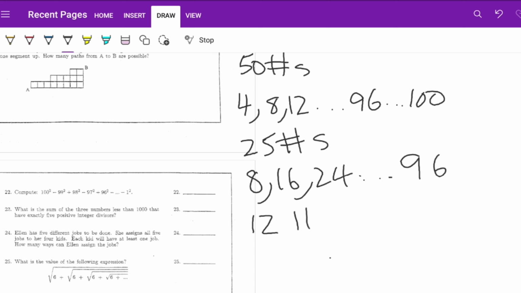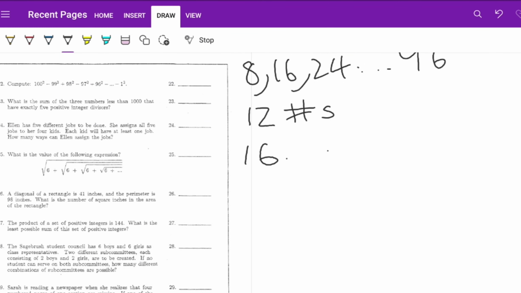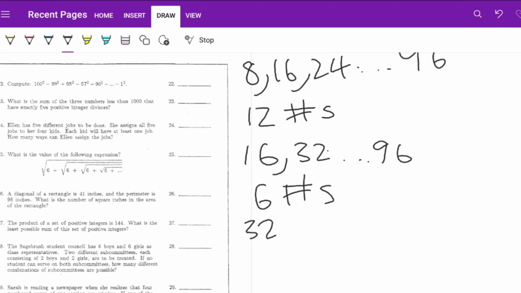There are 12 numbers here, and then we keep moving. 16, 32, all the way to 96. There are 6 numbers. Then 32, 64, 96. There are 3. And then finally we just have 64.